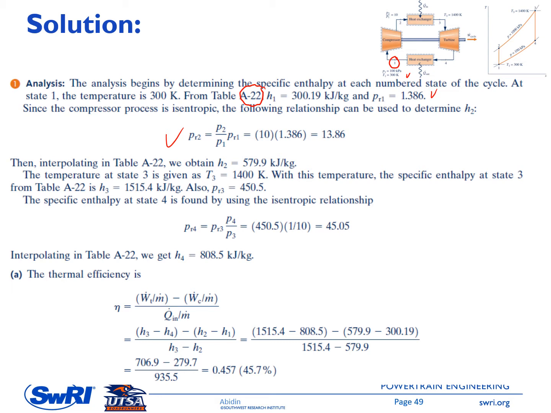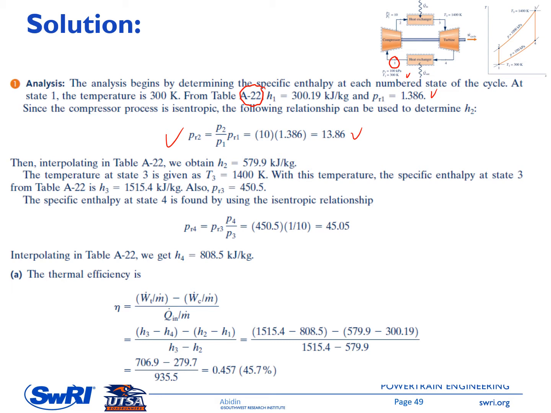So PR2 is 10 times PR1, so you will get 13.86, and you need to go back again to table A22 and look at the location of this 13.86.